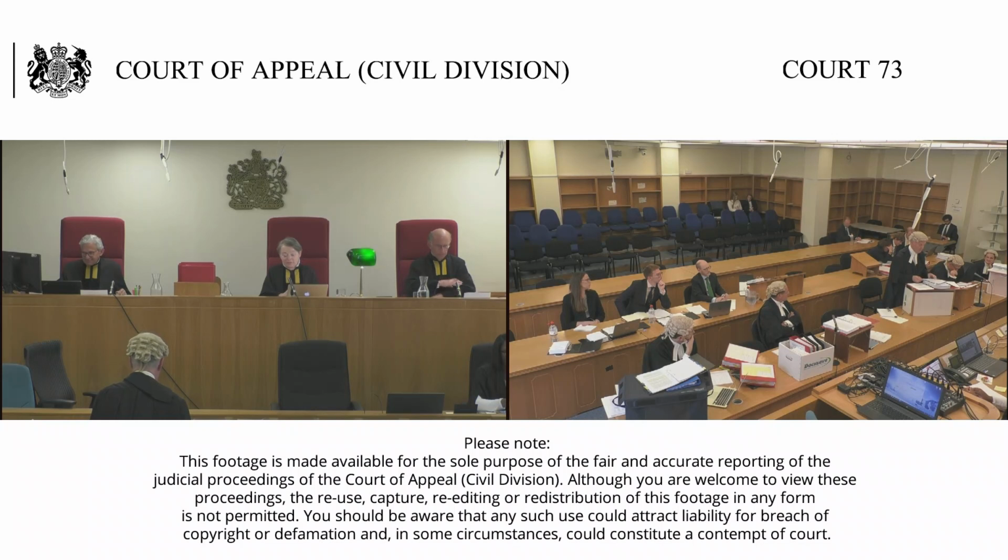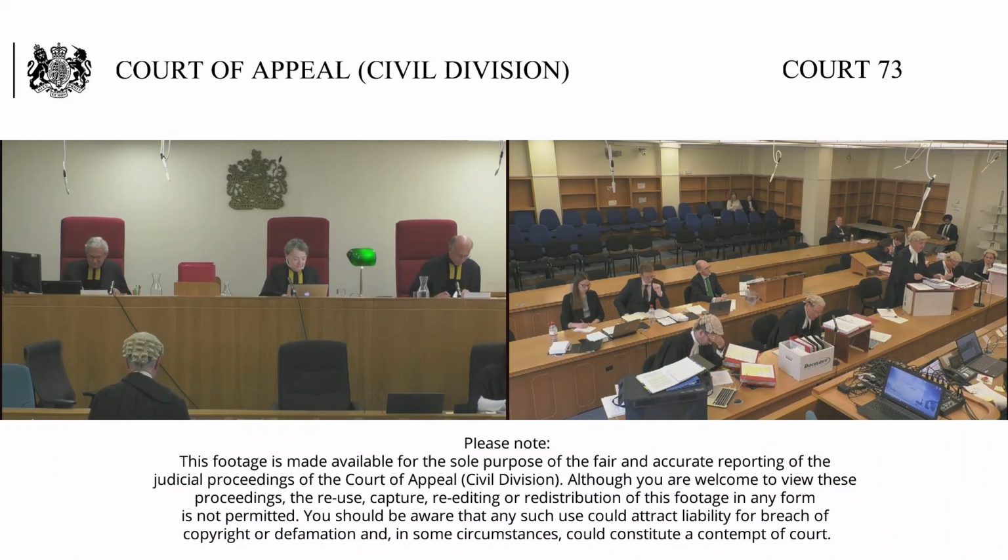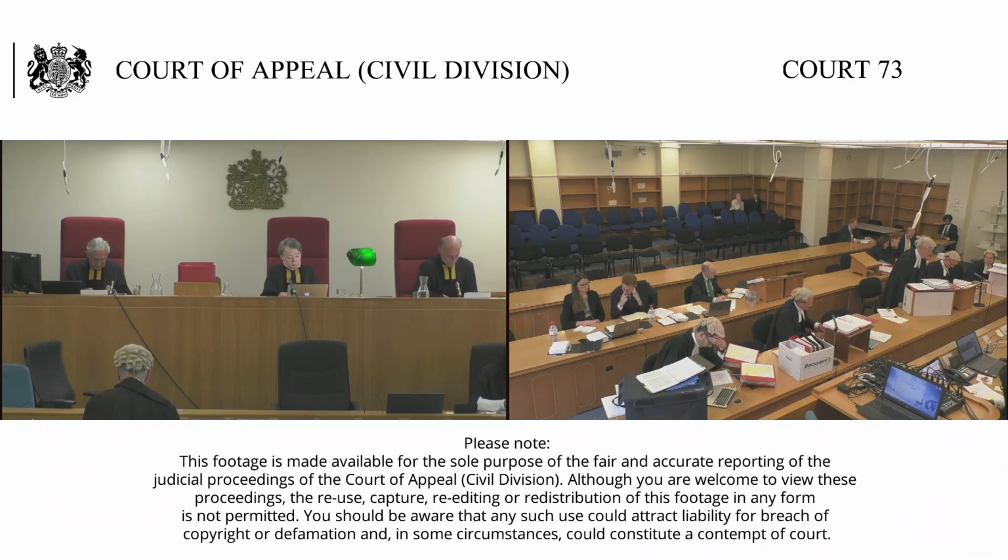So, my lady and my lords, the third head of the third ground of appeal concerns the judge's exercise of his discretion. The judge, of his own motion, said that he would exercise his discretion on his own initiative, as he says at paragraph 99, to refuse to permit the action to continue.